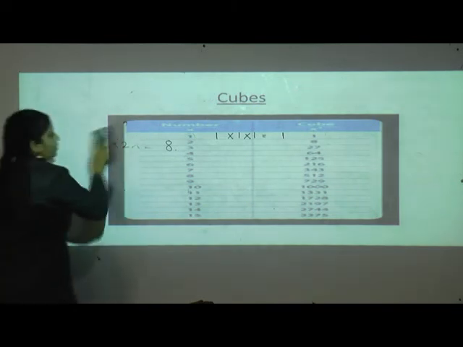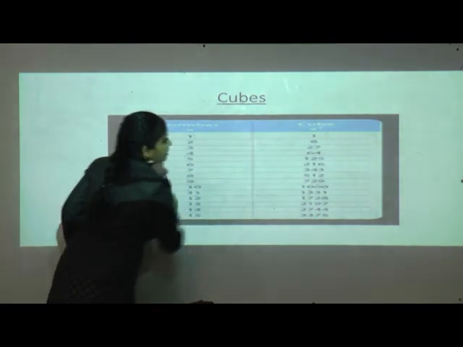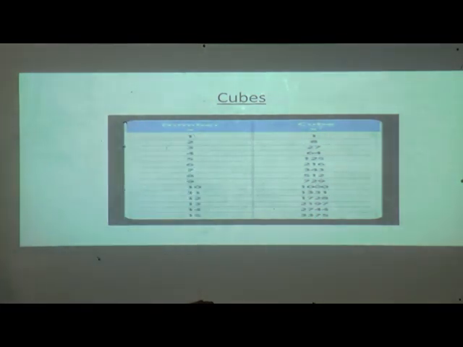Now see here, cube of 3 is 27. Cube of 4, 64. Cube of 5, 125. Cube of 6, 216. Cube of 7, 343. Cube of 8, 512. Cube of 9, 729. Cube of 10, 1000.